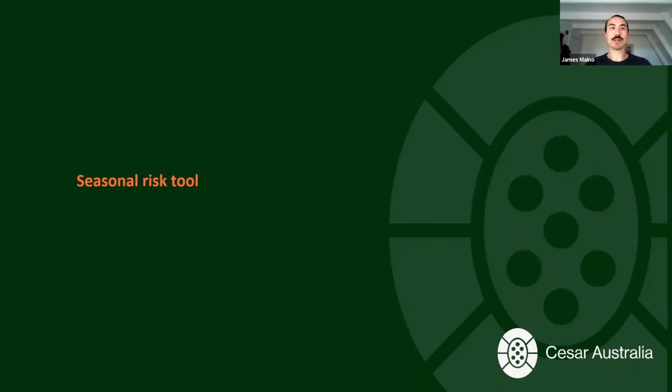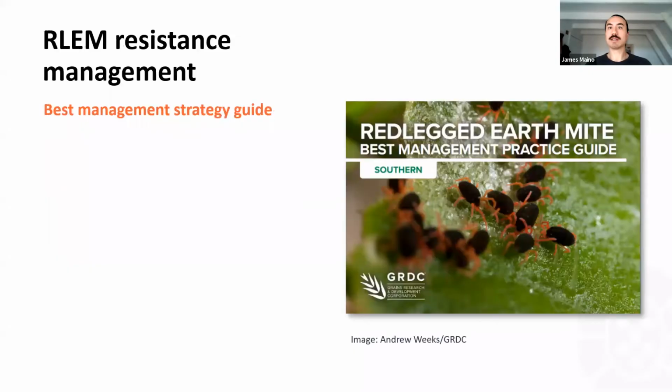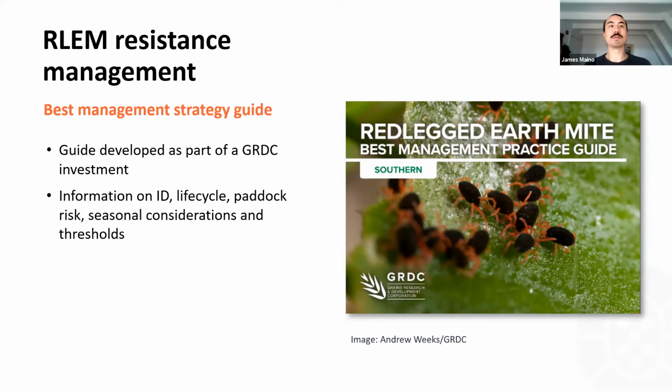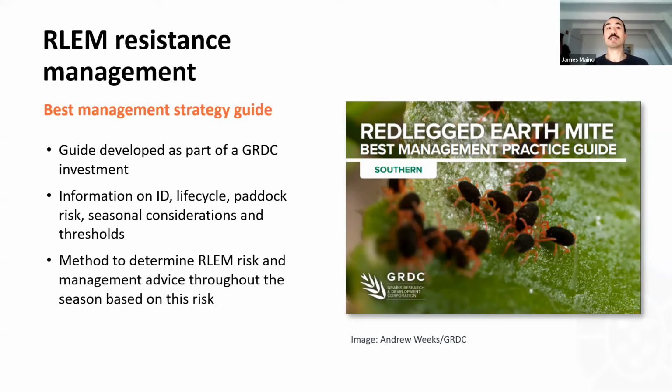So second tool, the seasonal risk tool. This really has come off the back of a previous investment, a project led by BCG, in which one of the components we led was a best management practice guide for red-legged earth mite. It included a range of information on ID, life cycle, paddock risk, but most importantly, the seasonal considerations that might be affecting your risk factor for your particular year.